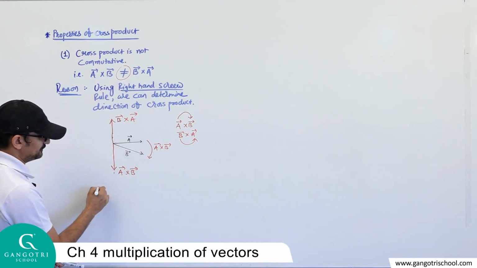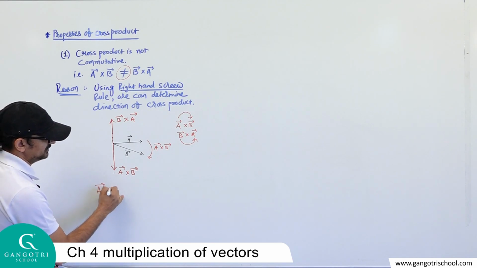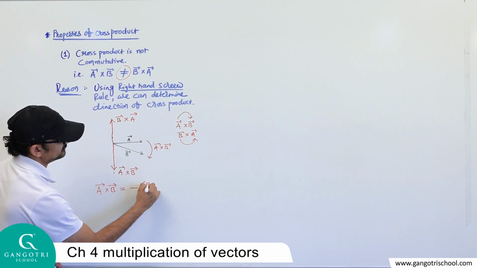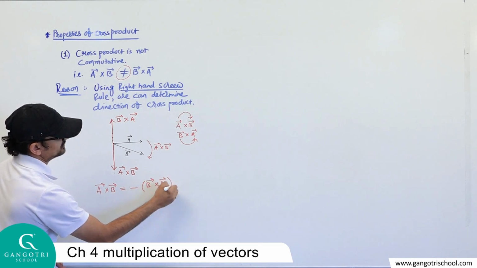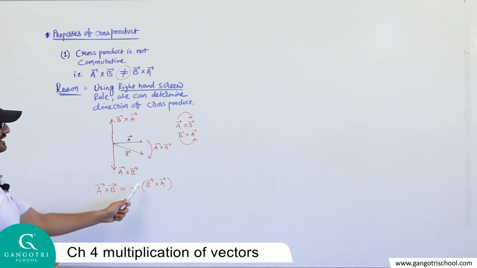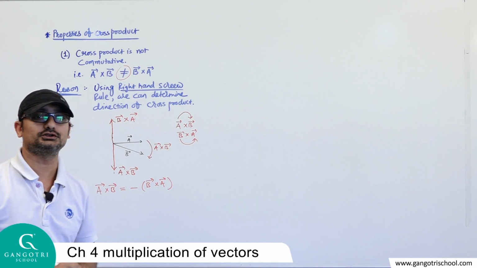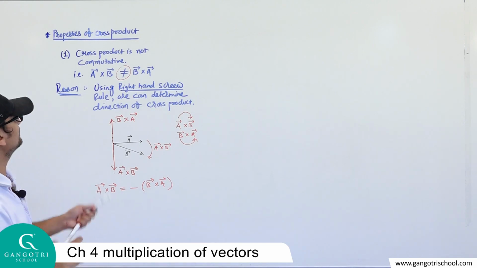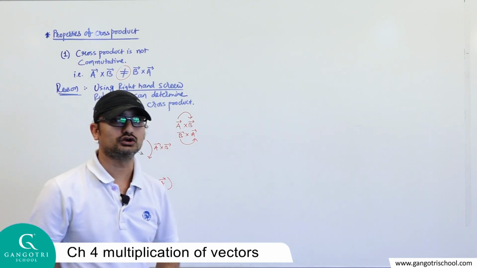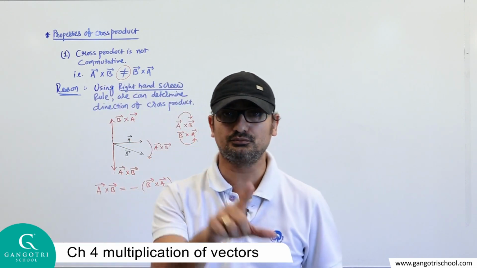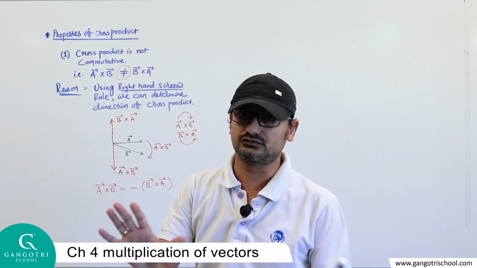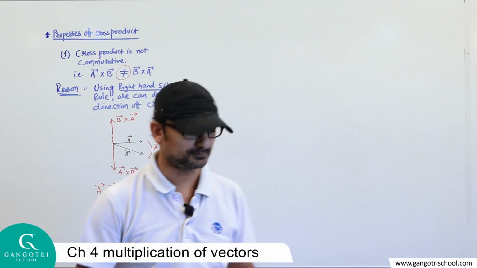But from this diagram we can write: a cross b is equal to minus b cross a, where the negative sign indicates that a cross b and b cross a are anti-parallel, opposite to each other. So this is the reason why cross product is not commutative. Remember, dot product is commutative but cross product is not commutative. This is the first property.